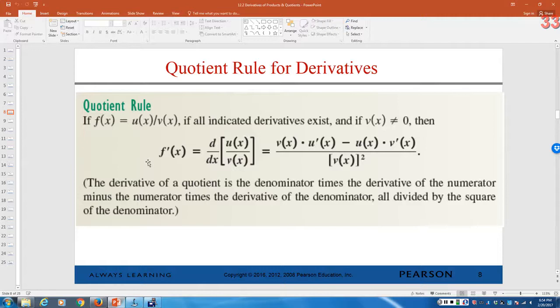The rule says take the denominator times the derivative of the numerator minus the numerator times the derivative of the denominator, and put it all over the denominator squared. And I have students that say it in a kind of funny way, and it does work.